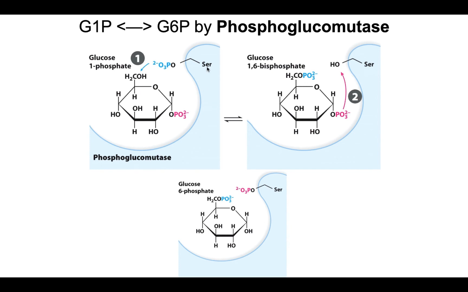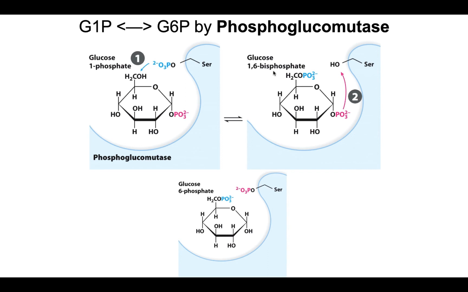This enzyme, all in blue, is our enzyme itself. This serine is part of the enzyme, and it starts phosphorylated. When glucose 1-phosphate enters its active site, the enzyme phosphorylates glucose carbon number 6. So now there's a very transient intermediate of glucose 1,6-bisphosphate.